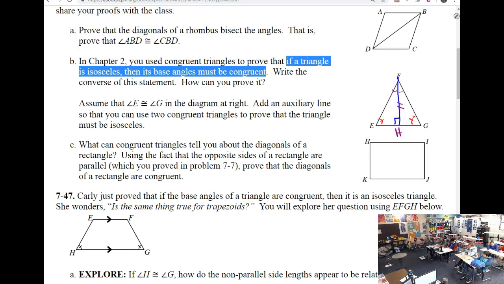Okay, so now we're going to do C. Here, I've got to look in my book. Let me see which one. Let's go to the diagonal of C. Let's prove that.